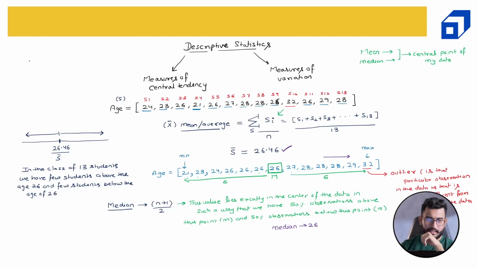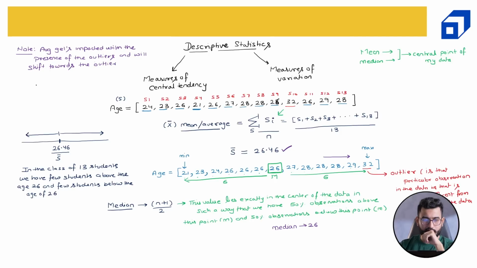Please remember this. I'll write down a note here that your average gets impacted with the presence of outliers and will shift towards the outlier.